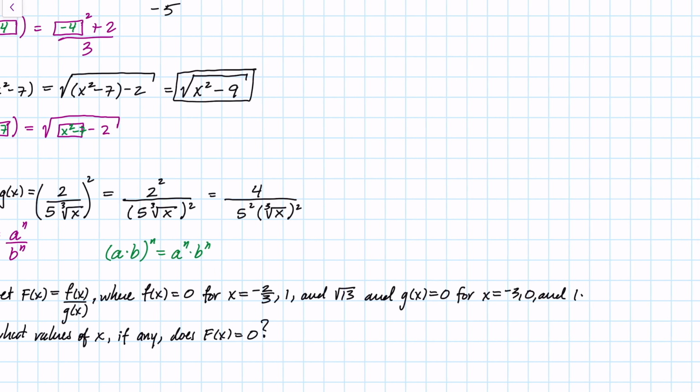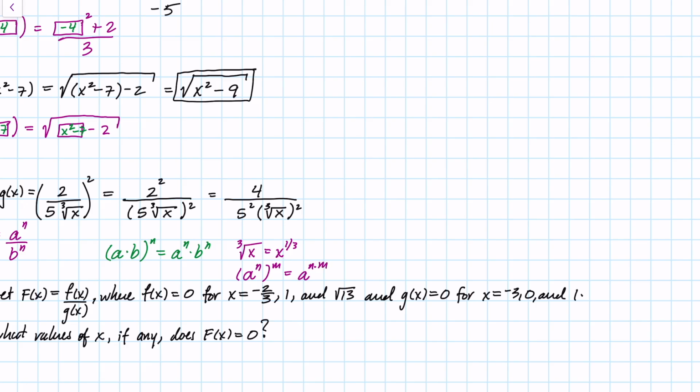Now here I'm going to apply two rules. One rule is the fact that the cubic root of x is simply x to the power of 1/3. And I'm also going to apply the rule that says that if you have something to the power of n and you raise that to the power of m, then we have to multiply the exponents.